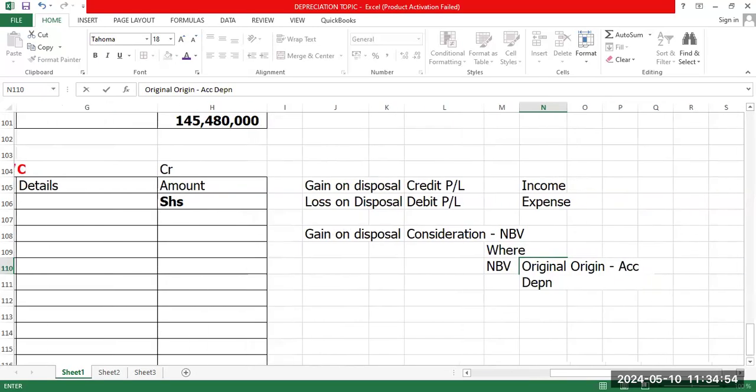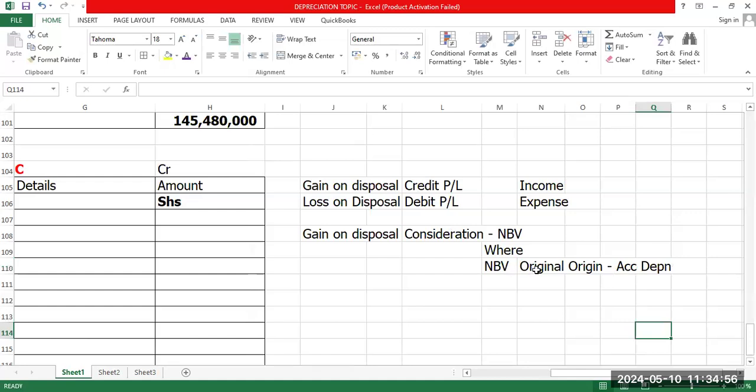That's how you get net book value. And you will realize that by the time we are doing the disposal account, we actually have net book value, and you will have a consideration. So to get a loss on disposal, you find that consideration minus net book value gives a negative answer. That is loss on disposal.